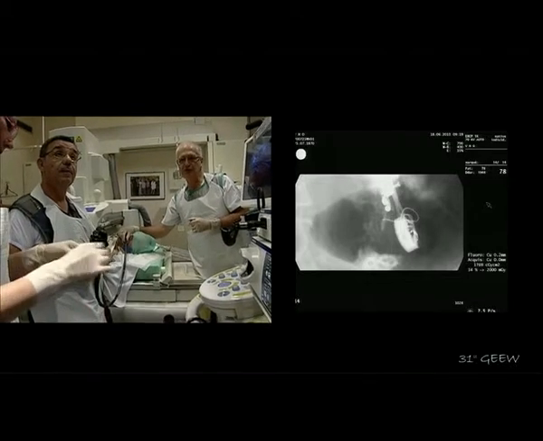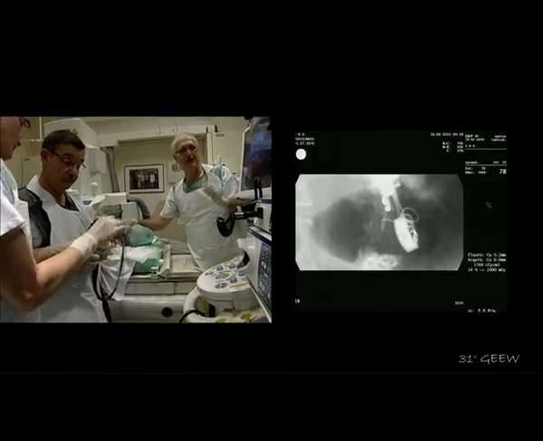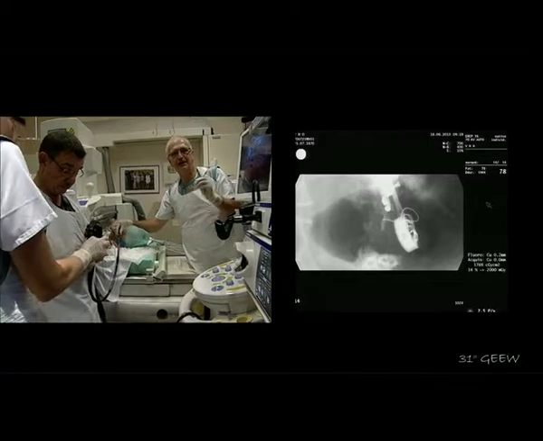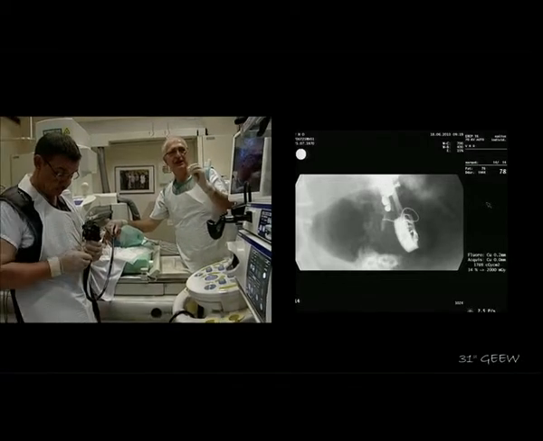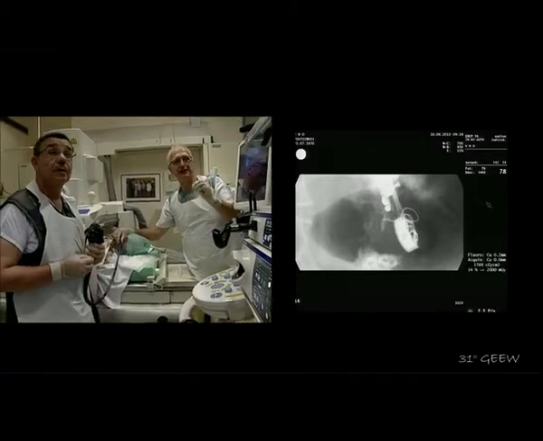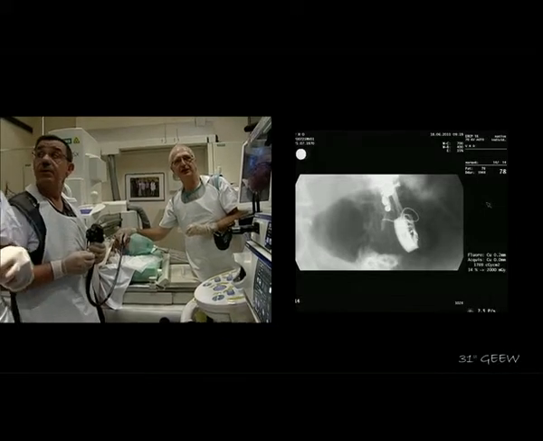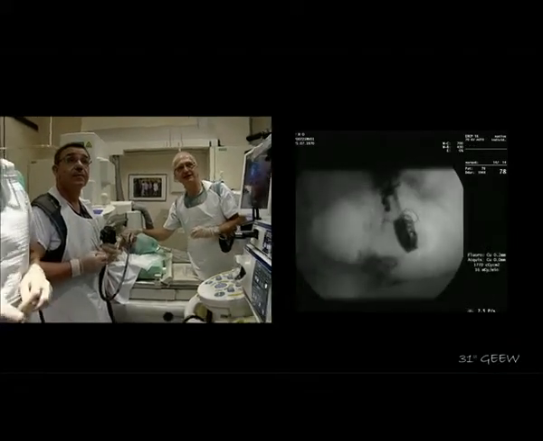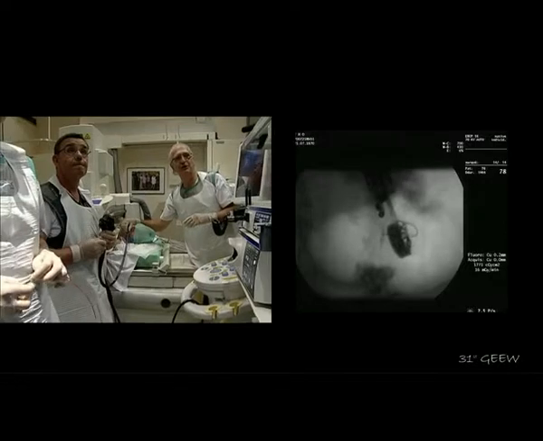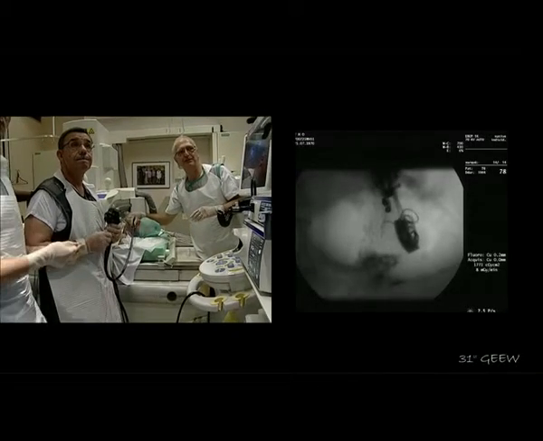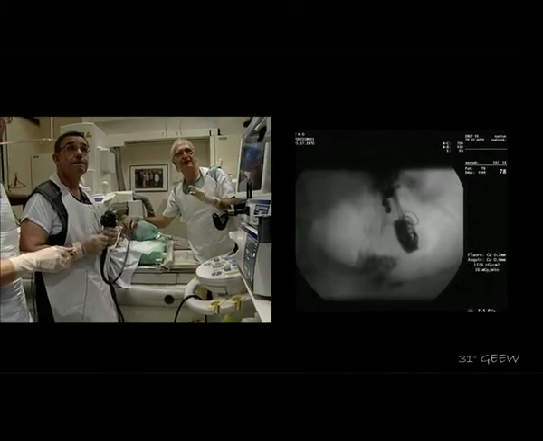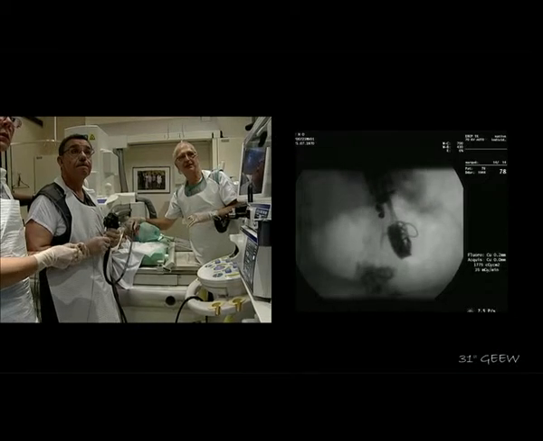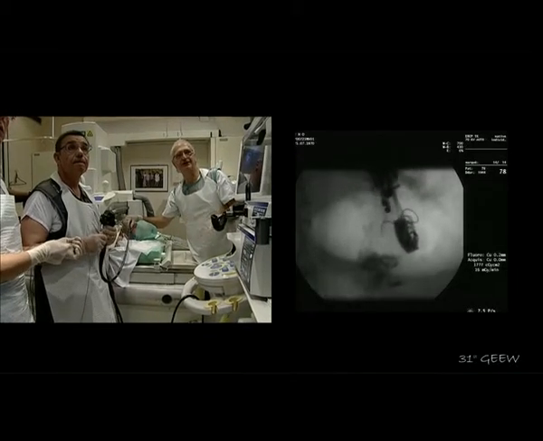So we have chosen a 5 French stent after creating a 6.5 French diathermic fistula between the stomach and the pancreas. So I'm holding the scope just to be sure that it stays in place. Mark is moving really minimally, and now he will try to push the stent.